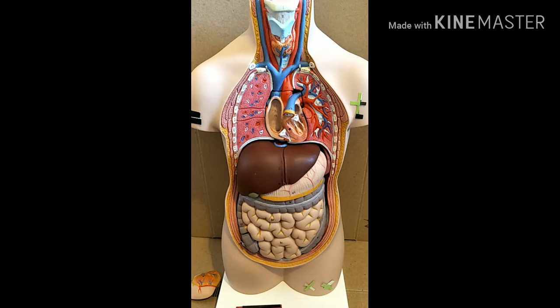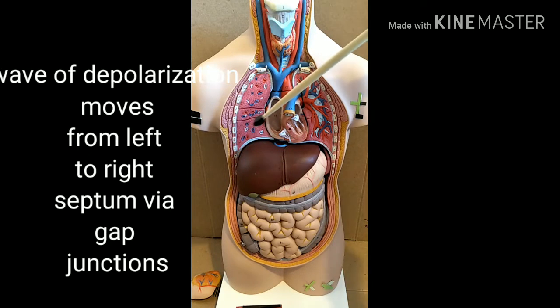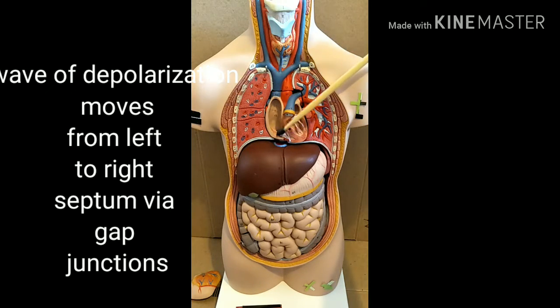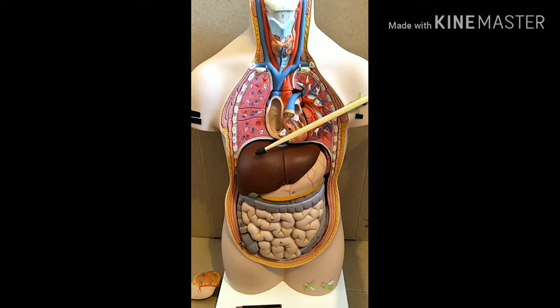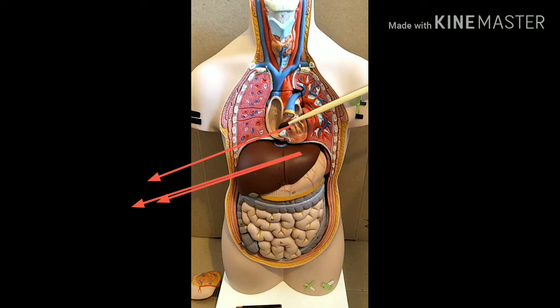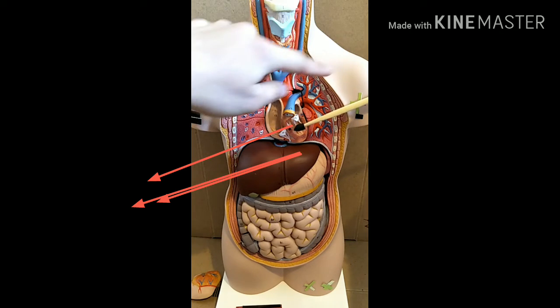That's why the wave of depolarization moves in this direction. That means your left septum will be depolarized first, followed by your right septum in this direction. So what happens is, as you can see, let's take a look at your limb lead 1.